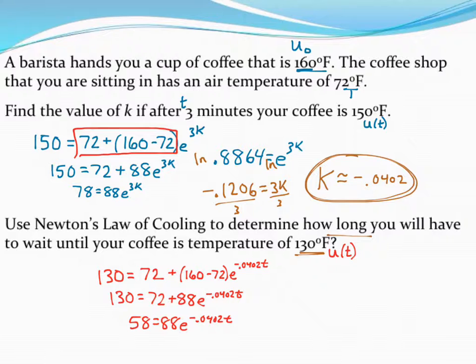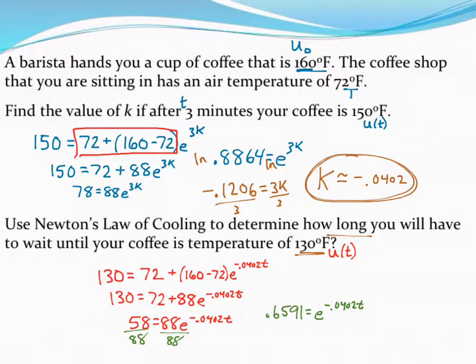Once again, from here, I'm going to divide both sides by 88. And remember, try to round as little as possible, so use the full number if you can on your calculator. Dividing this gets me 0.6591, and then e to the negative 0.0402t.